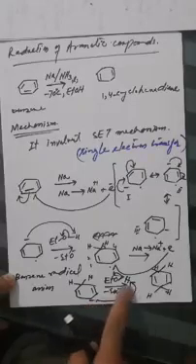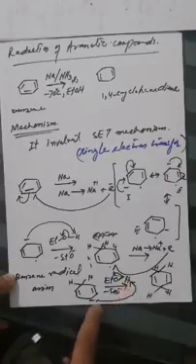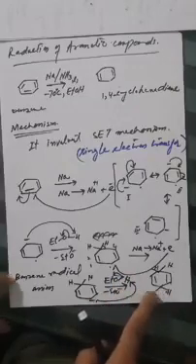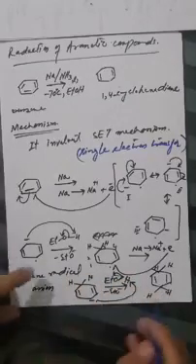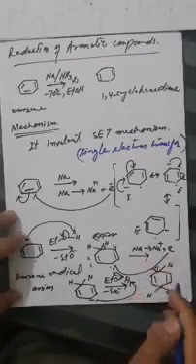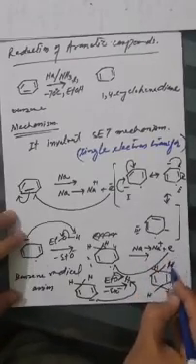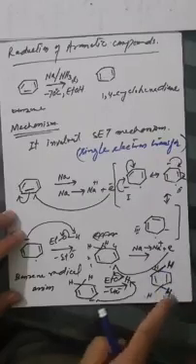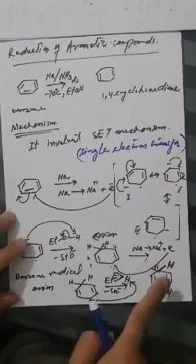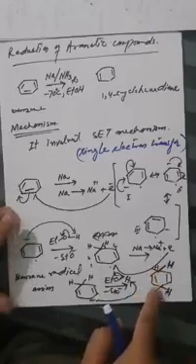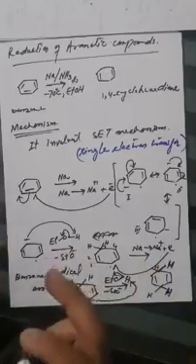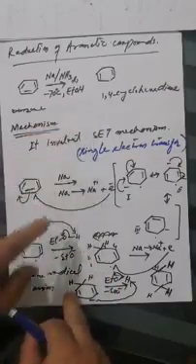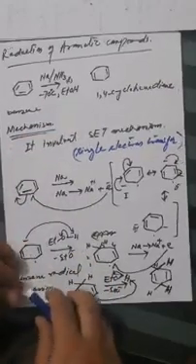Then it abstracts the hydrogen from the polar protic solvent, and then it is converted into 1,4-cyclohexadiene. So partial reduction has now occurred. I am going to mark these two hydrogens with blue color because these two hydrogens have come from the polar protic solvent, that was ethanol.